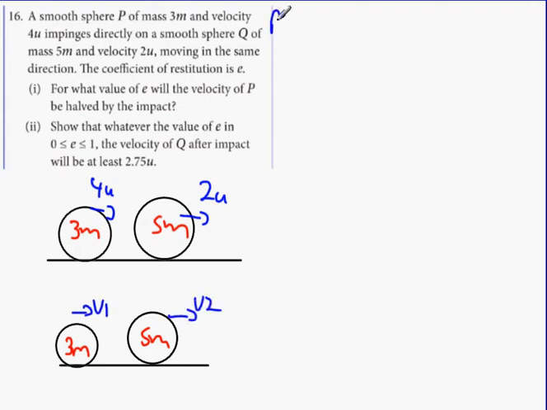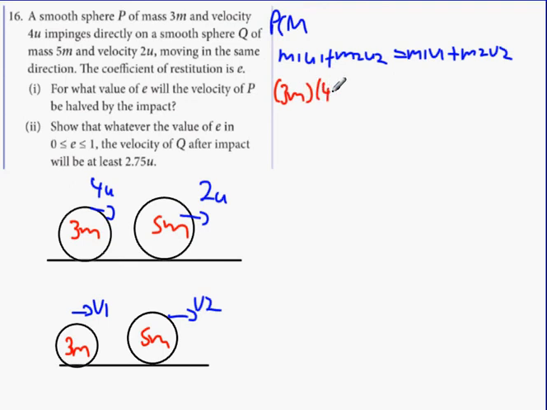We have PCM, the principle of conservation of momentum: m1u1 plus m2u2 equals m1v1 plus m2v2. Start off with the principle of conservation of momentum. We're going to have 3m times 4u plus 5m times 2u equals 3m v1 plus 5m v2.